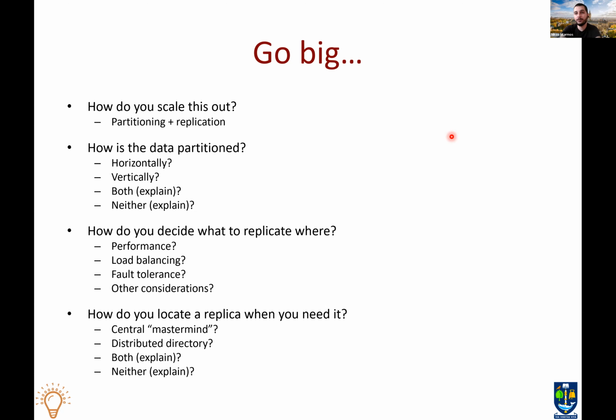So how can we achieve the best of both worlds here? What we could do, for example, is have a mastermind cluster. So have a number of machines, not in the hundreds or the thousands, but a number of machines that store this directory.